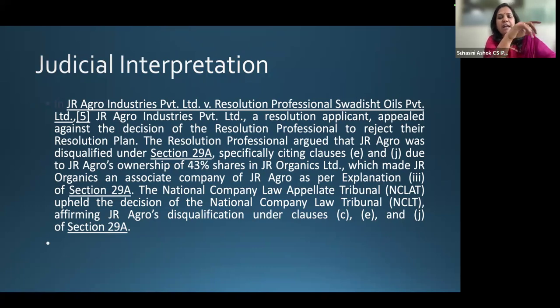So here they had one of the group companies who was also NPA. While hearing, the NPA point was also added. So that is why NCLAT has added C also, and the company was disqualified to be a resolution applicant.